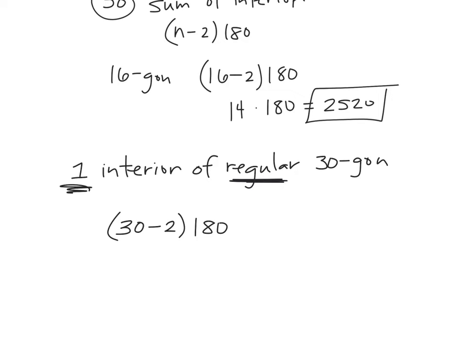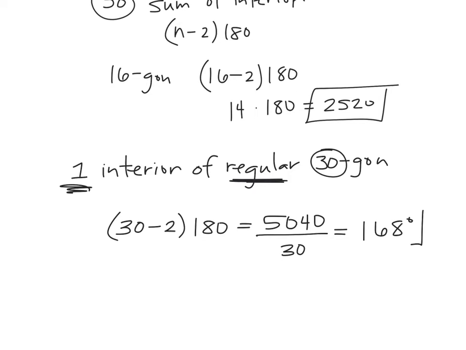That would get us the sum of them. So that comes out to 28 times 180 is 5,040. But that's the sum. We want one of them. So you would divide by the number of sides or the number of angles. So 5,040 divided by 30 means that each interior angle would be 168 degrees.